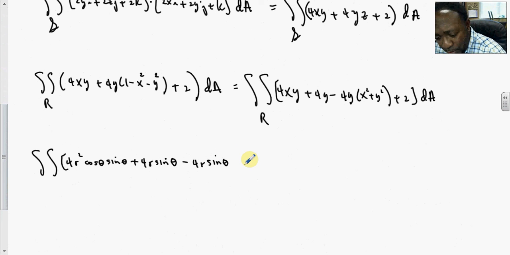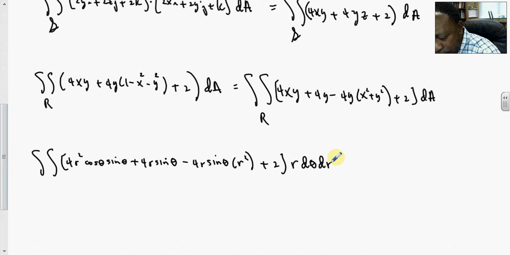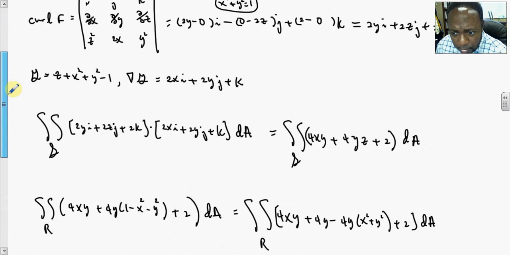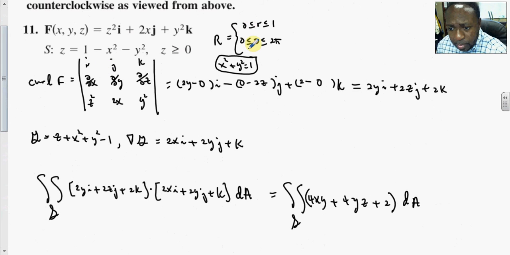X squared plus y squared is r squared. This is plus 2. This is r. I'm going to do d theta dr. Theta goes from 0 to 2 pi, and then r goes from 0 to 1.